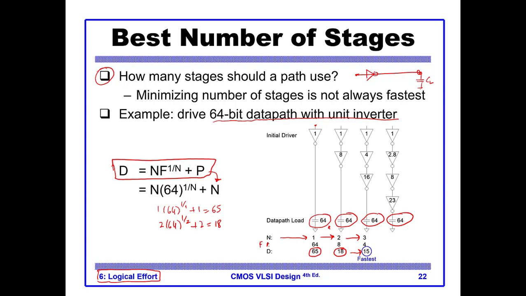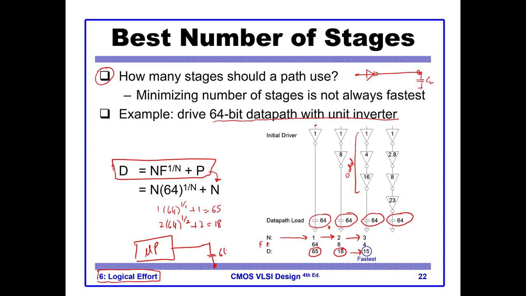The only problem in this circuit is that we have an odd number of inverters. So maybe this is my complete microprocessor, and this is one of the pins of the microprocessor, which is going to an output outside the chip.